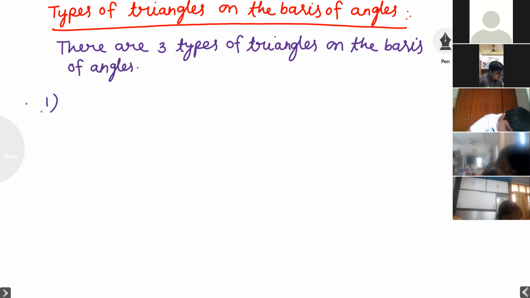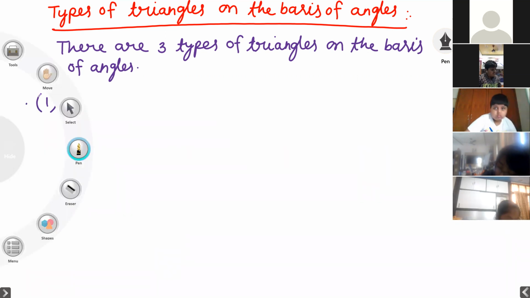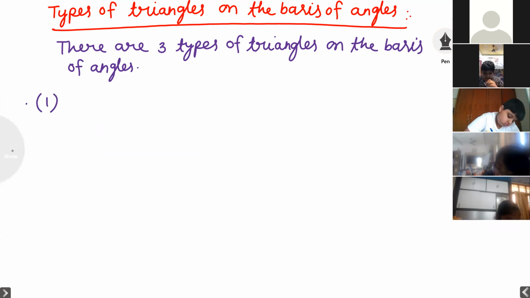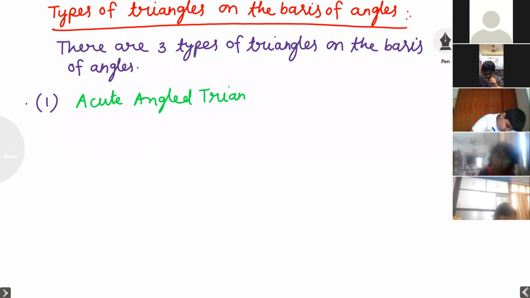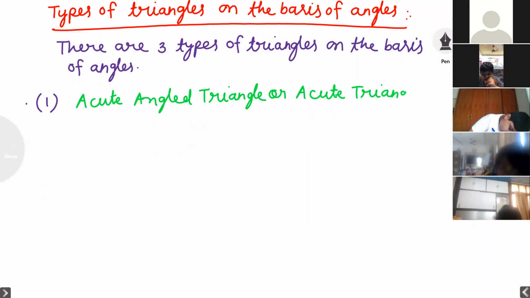First one is acute angled triangle, or we can say acute triangle only. Both are the same. Acute angled triangle or acute triangle.